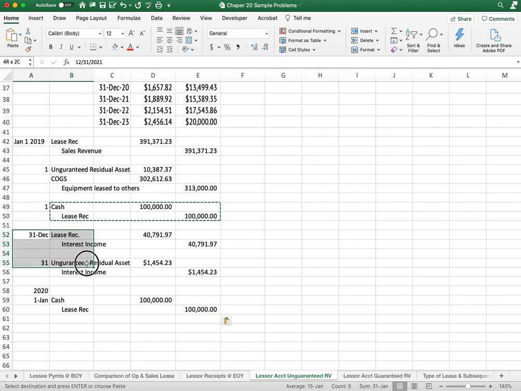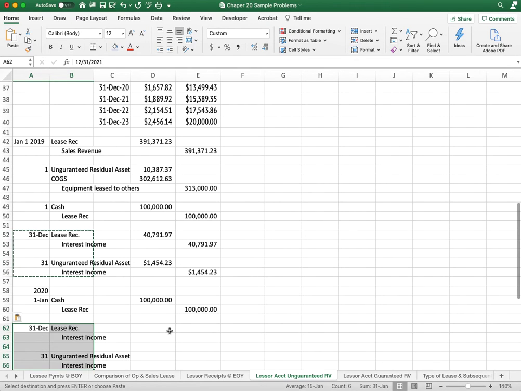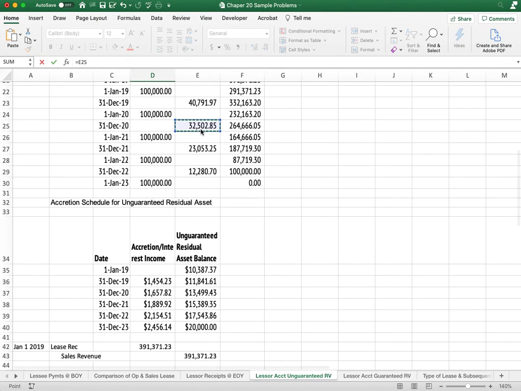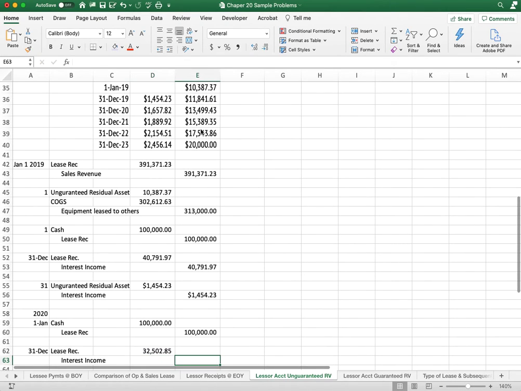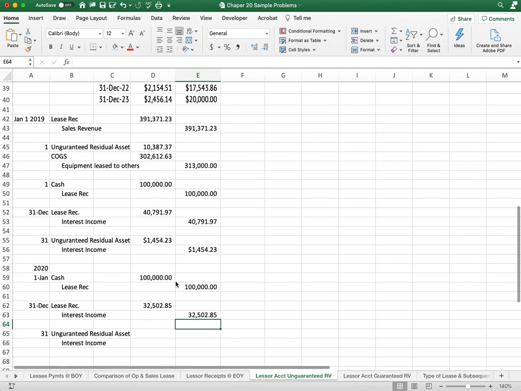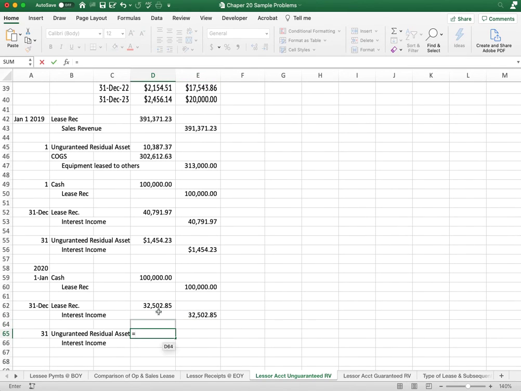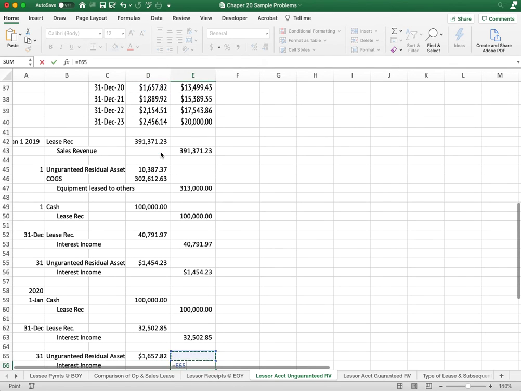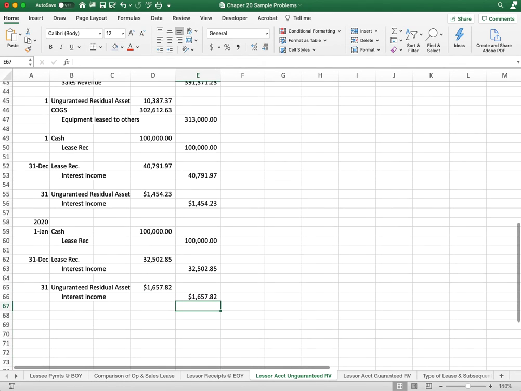However, we have to reference the updated numbers for the new year from our table. So we'll come up here and reference the $32,502. And for the unguaranteed residual asset, we'll reference the $1,657. And that concludes this problem.